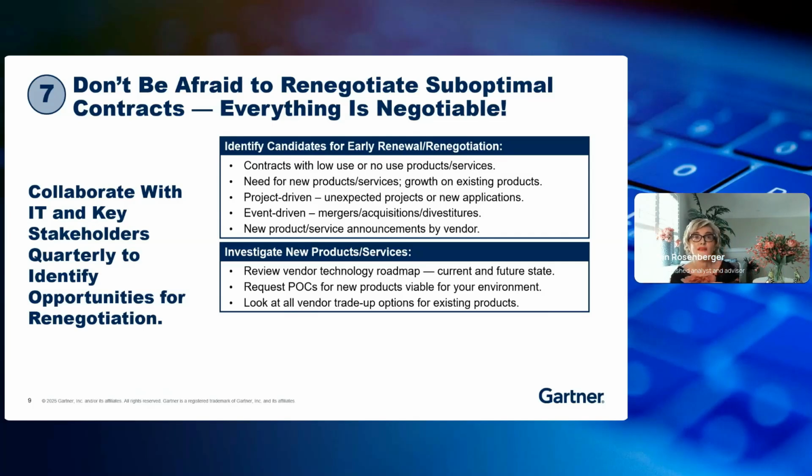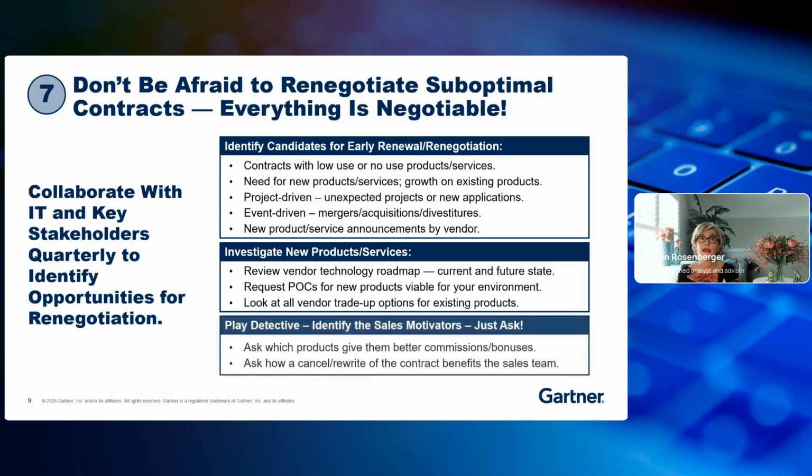And now that's a win for you and can be a win for the vendor because they can treat it as a new product sale or a new service sale. So it's always good to see what the new offerings are out there. And when you find it's a win-win, now you and the vendor can talk about taking that contract where that $1 million of software or products or services, doesn't matter what it is, was never used.